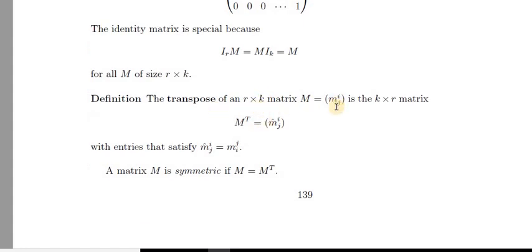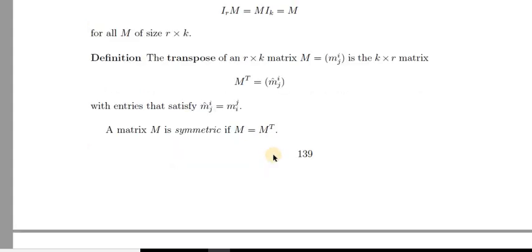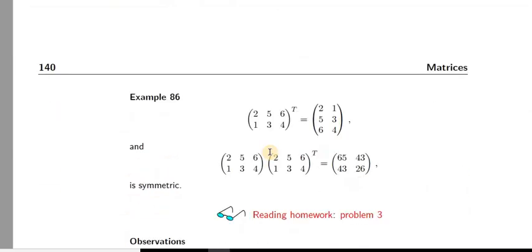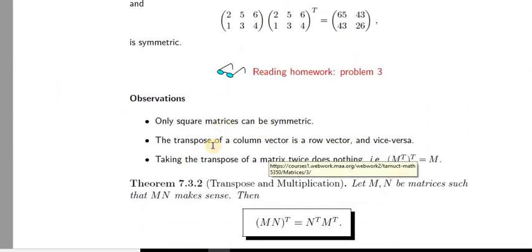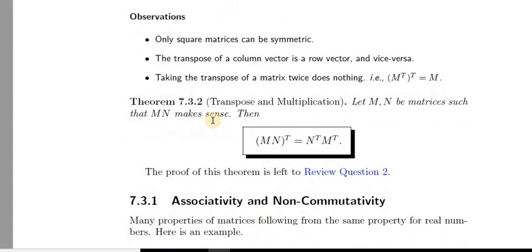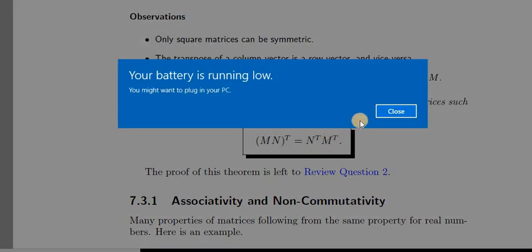The ij entry of the transpose is equal to the ji entry of the original matrix. And the matrix is symmetric if it's equal to its own transpose. Some examples of transposes. And it turns out that the transpose of the product is equal to the product of the transposes in reverse order. And we'll see that.